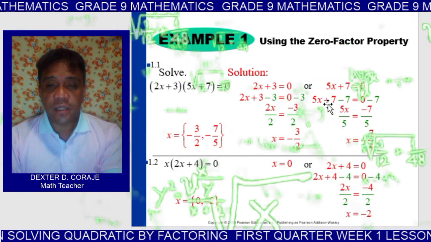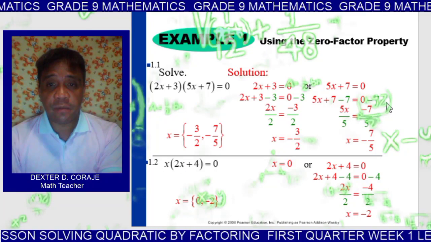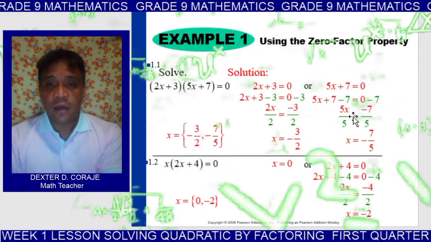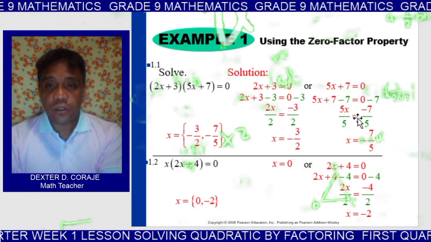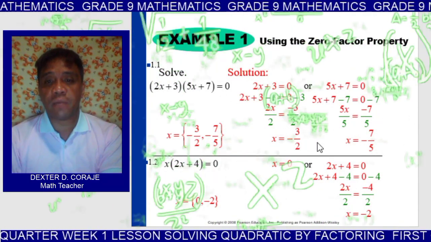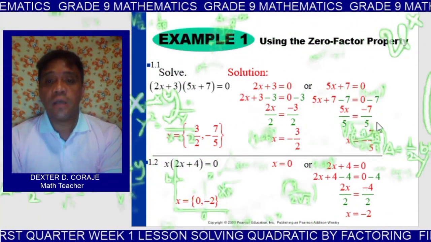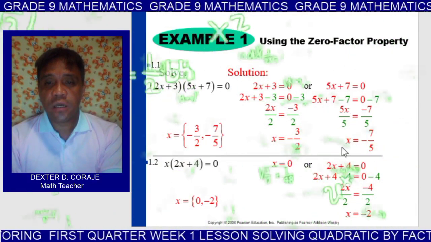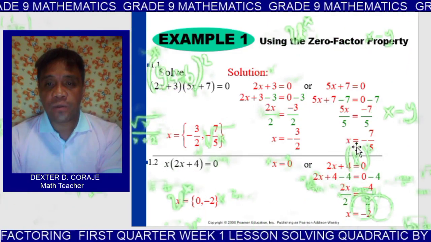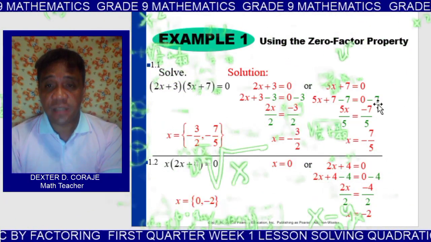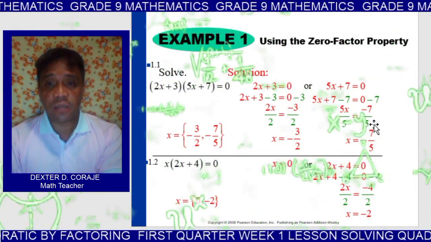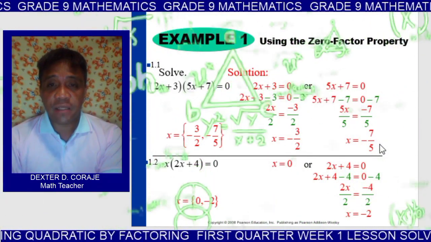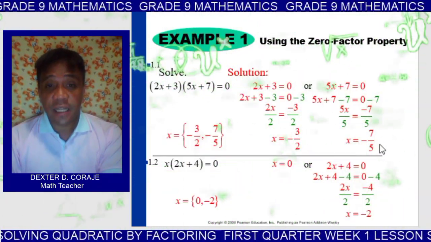That is why we add negative 7 to both sides. So what we have now is 5x, and it is equivalent to negative 7. So divide both sides by 5 to have x on the left side of the equation. So now we have x is equal to negative 7 over 5, because negative 7 over 5 cannot be reduced anymore. So that is why we have negative 7 over 5 as the value of the second x.